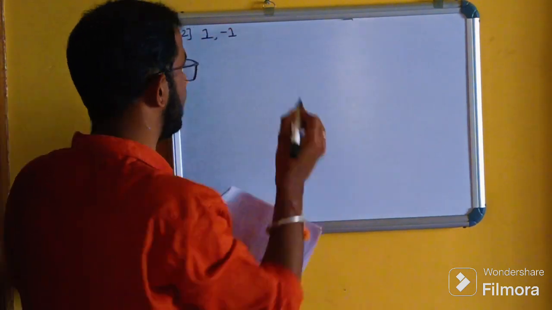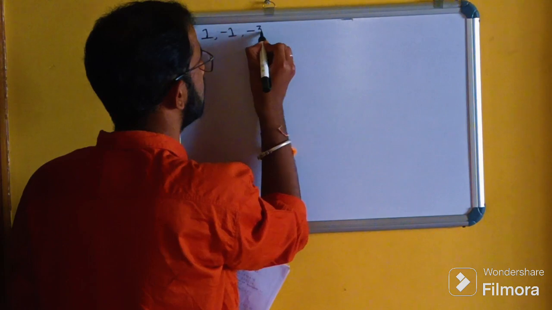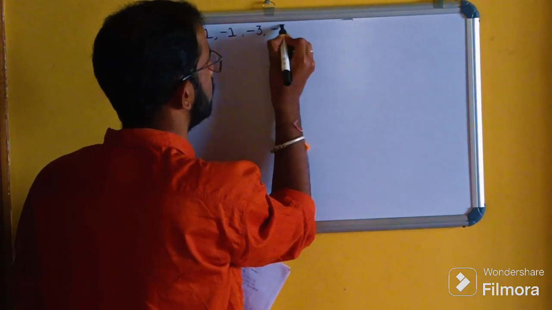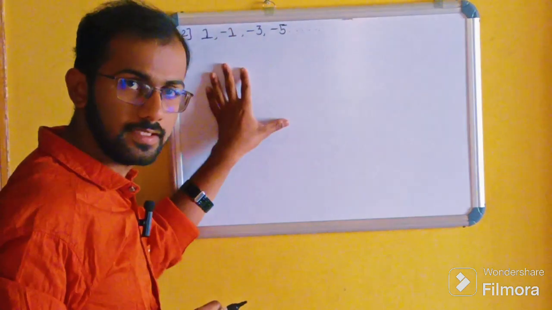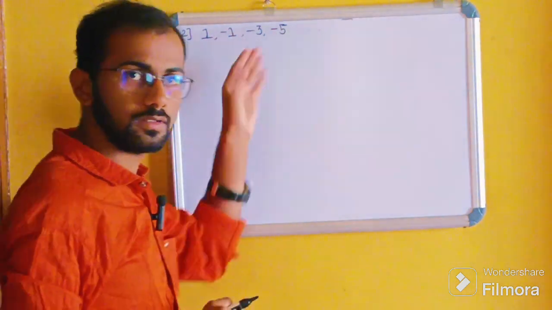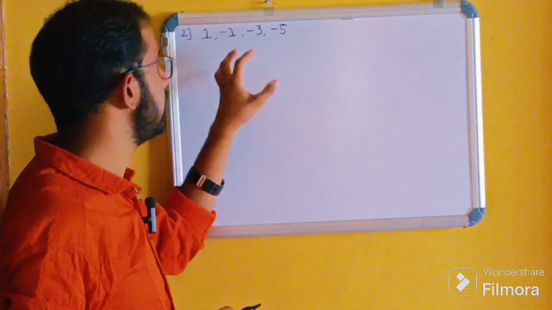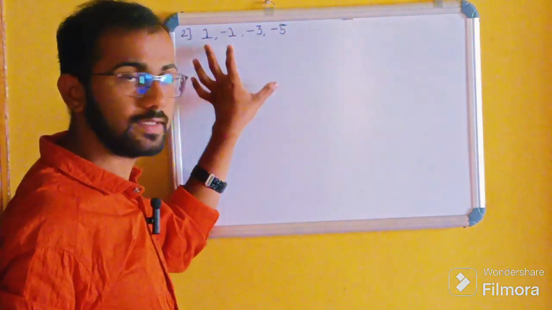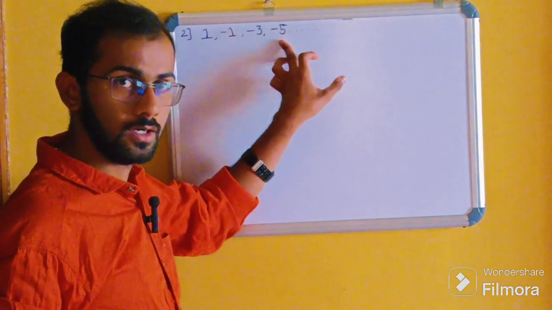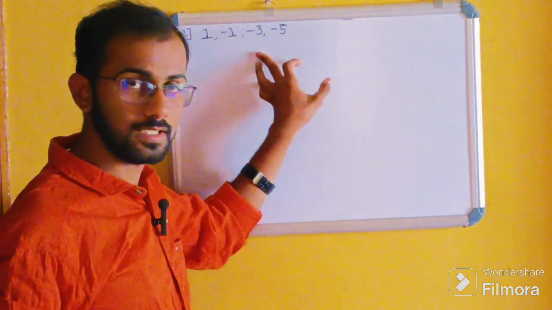So this is the sequence. Here also we need to do what we did in the previous question. First step is we need to check whether the given list of numbers is an arithmetic progression or not. Let's see. So step number 1.